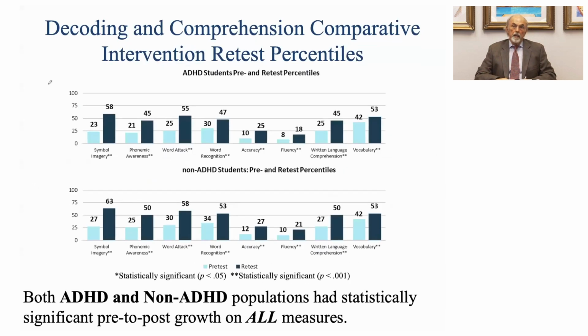Both ADHD and non-ADHD populations had statistically significant pre to post growth on all measures. This is especially exciting because in review, when we take a look at differentiating these phenotypes, these comorbid issues that children are faced with, it's critical that we offer instruction based upon whatever the manifestation is from that transdiagnostic procedure.